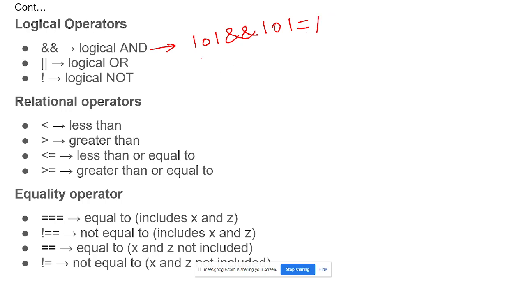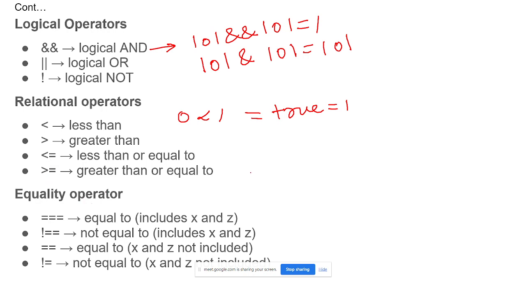And we have another type of operator called the bitwise operator. If I perform bitwise AND, it is 101. Then we have relational operators: less than, say if I say 0 less than 1, the value will be true, which is nothing but binary 1, and greater than, less than or equal to, greater than or equal to.